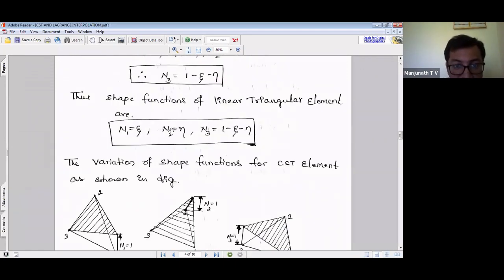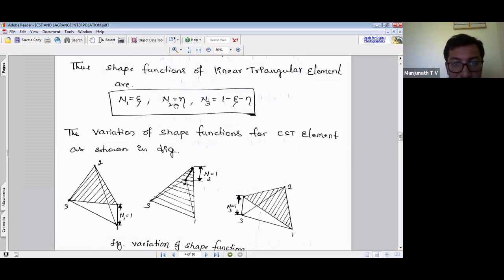Similarly, consider node number 2 and how the shape varies there. In this triangular element with node numbers 1, 2, 3, put a point here and connect it to node number 2.